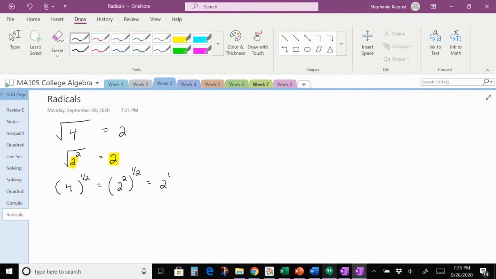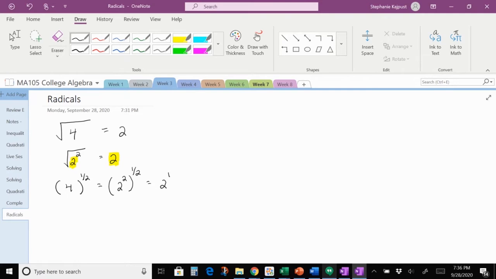Two, it's harder when you're typing stuff up to have a fraction of a fraction. The square root symbol on a computer is much easier to do than an exponent on top of an exponent with fractions. So they've just come up with this symbol instead of writing the 1/2 power.